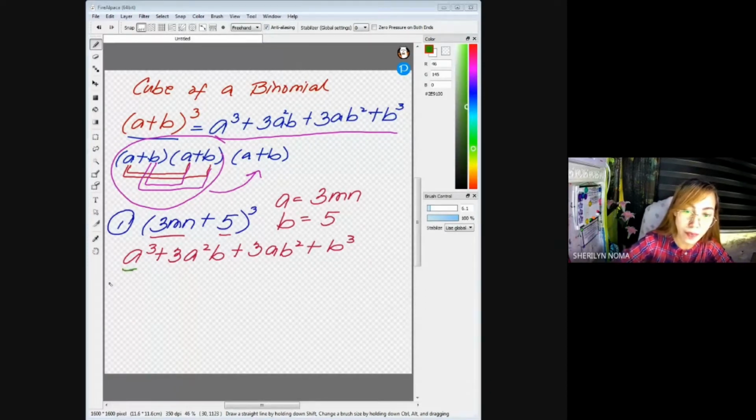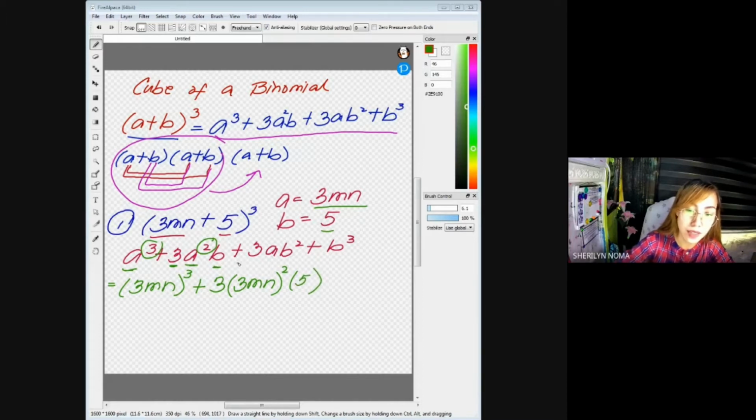Okay, so for a, yung first term natin, sabi natin yung a natin is 3mn, and then, don't forget to copy the cube. Okay, next, plus, yung 3 natin, we will just copy or bring down, and then, a squared, a is, again, 3mn, and then don't forget to copy the square. Next is the b, which is 5.